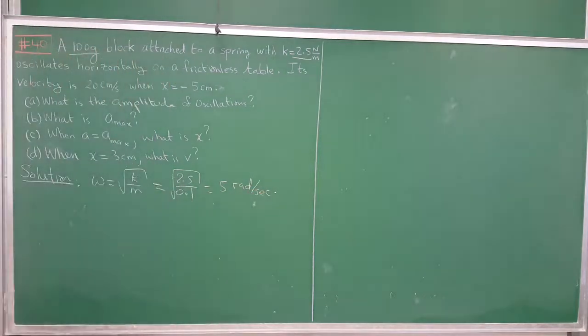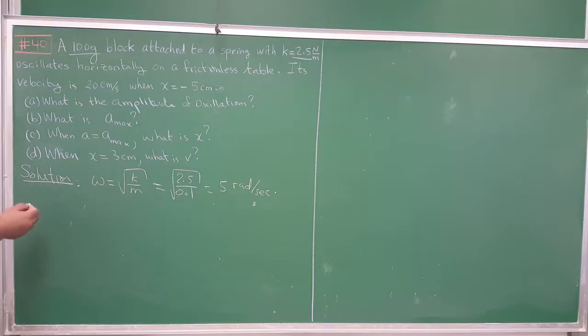That's omega. They give us the velocity when x is equal to 5 centimeters. They ask, what is the amplitude of small oscillations? Well, we can simply use conservation of energy.